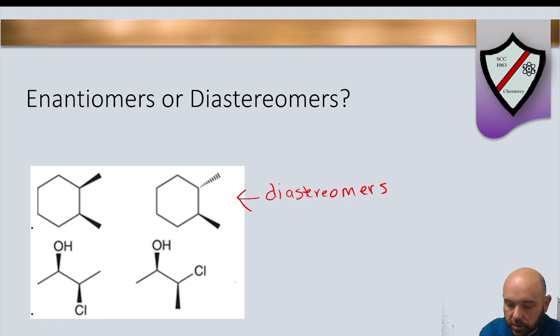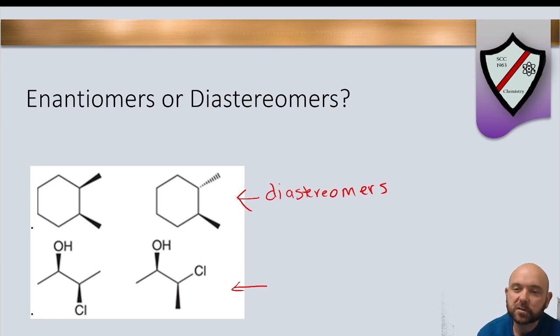Now, doing this for this molecule here is not quite as simple, because you'll notice what they've done is they've twisted that single bond so that now the methyl group that was in the plane position is now in the push forward position.